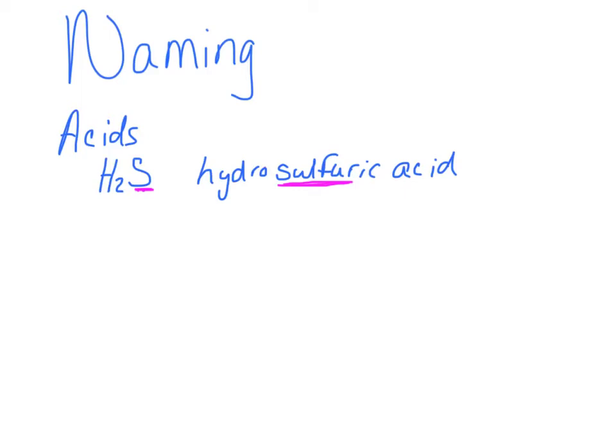And then the prefix hydro and the ic acid are just naming tools that we use. So this is a hydrosulfuric acid, and these are our simple acids where we have one nonmetal and then our hydrogen that are connected to it.